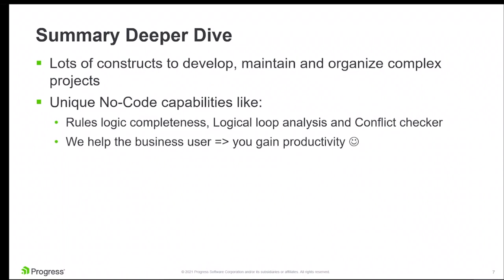So without Corticon, these conflicts would stay unnoticed for a long time, or possibly never be detected. That's an example of how we help a business user, where at the end of the day you gain productivity and everybody is happy.